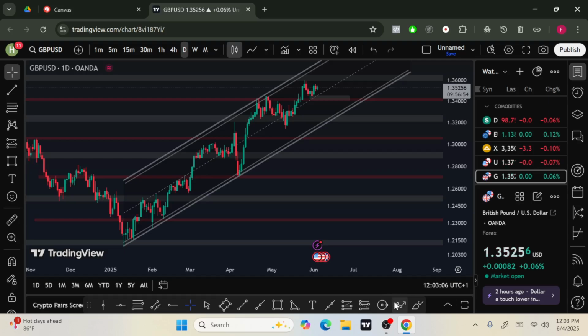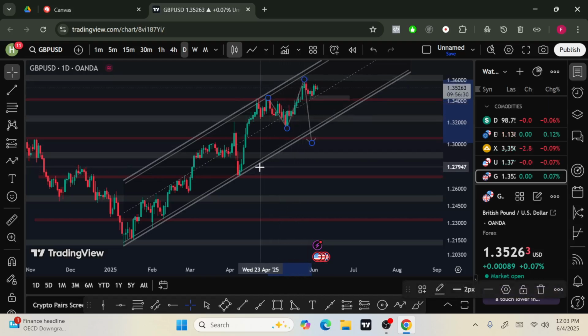If you call this M, it's supposed to come down from here as an M pattern. Do you get it now? But it has broken above this high to form a new higher high, which is still following the market structure of an uptrend.